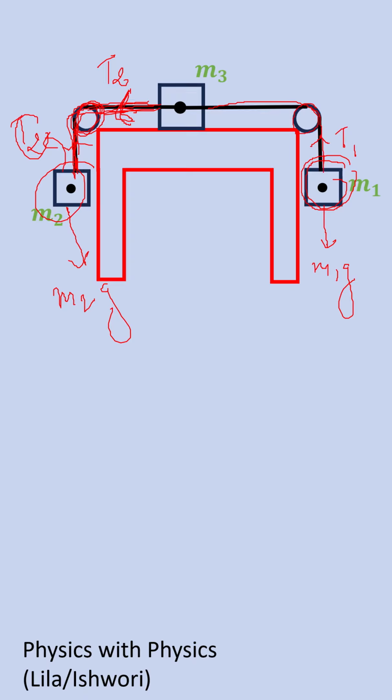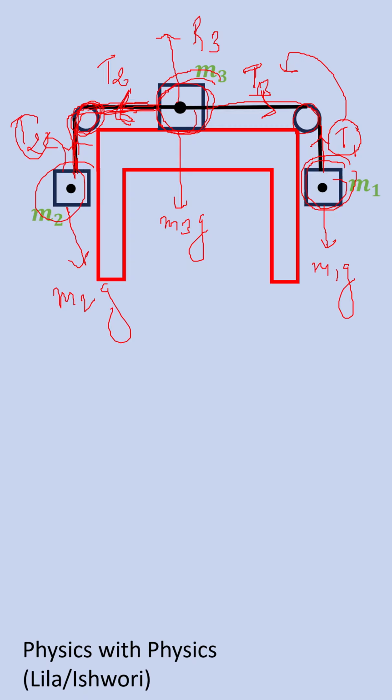That's why this tension T1 and this tension T1, which is acting away from this mass M3, are equal. The weight M3G acts vertically downward, and the normal reaction R3 acts vertically upward.